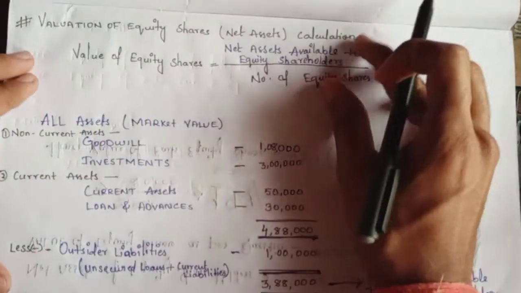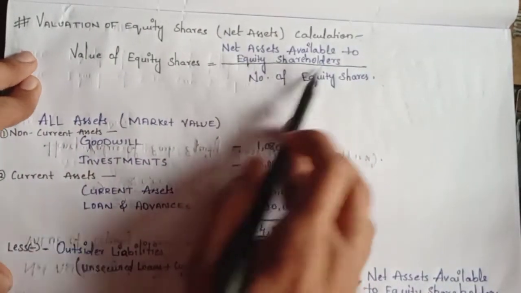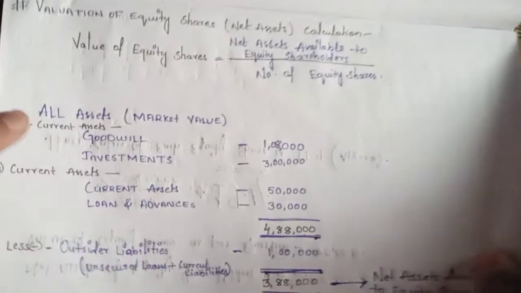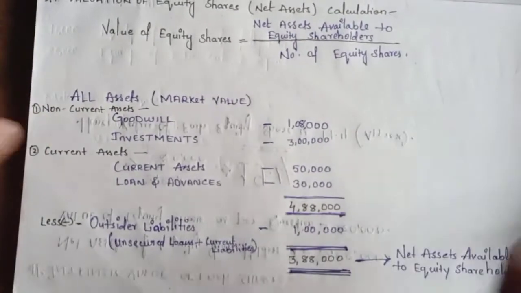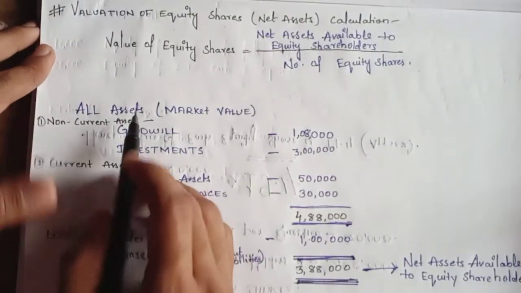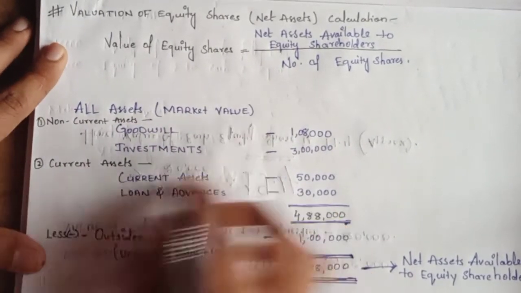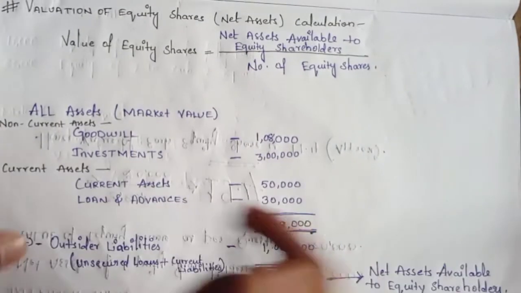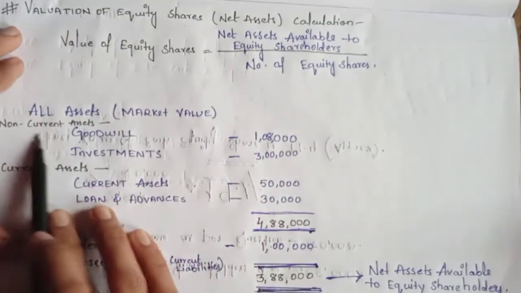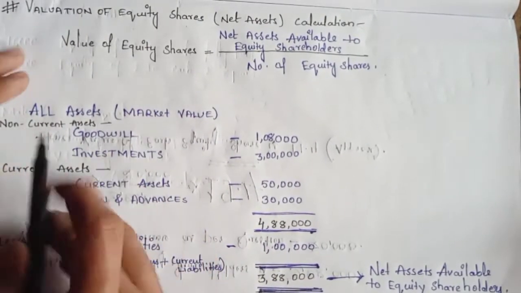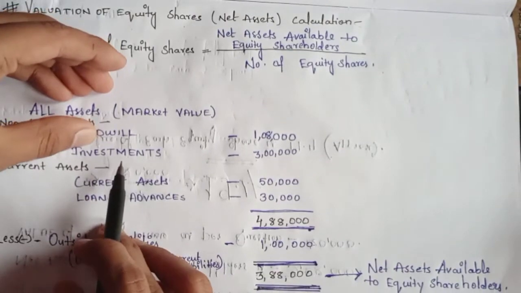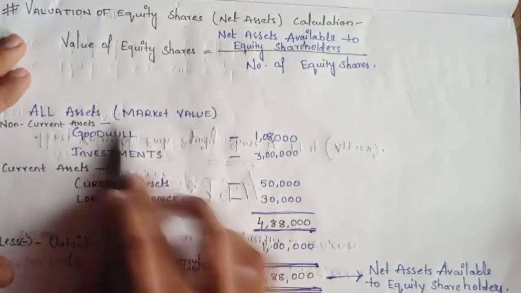First we have to find the net assets for equity shares. To find the net assets, we have to take all assets at the market value, that is at a realizable value.